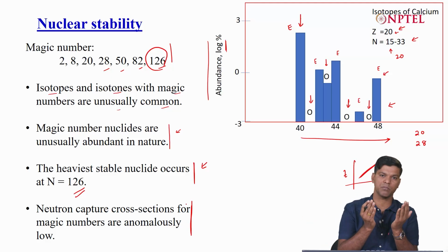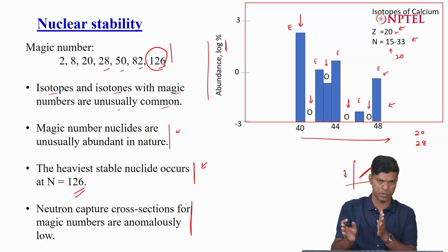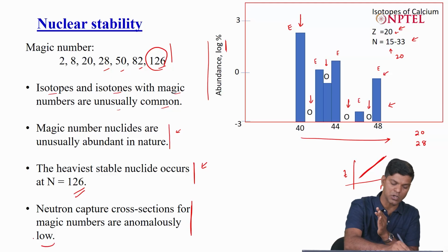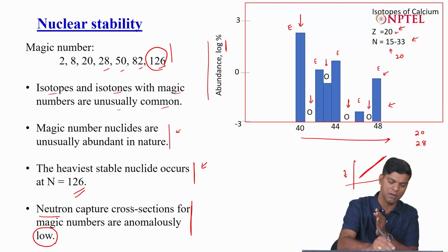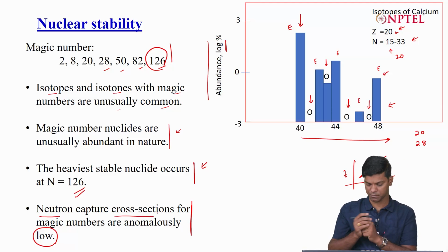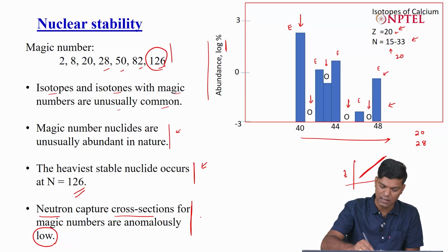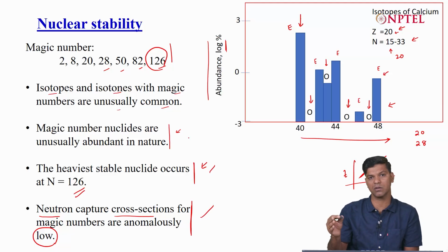If the capture cross-sectional probability is higher for a nuclide, then it will go through transformation. But those nuclei with magic numbers have the lowest possibility of being transformed through neutron capture, because they have a lower capture cross section probability. This is the reason they are stable, and they do not go through alteration quite readily.